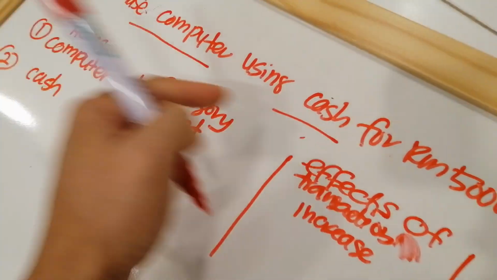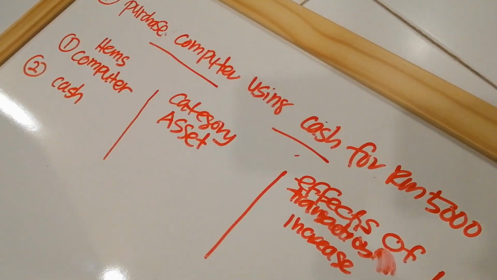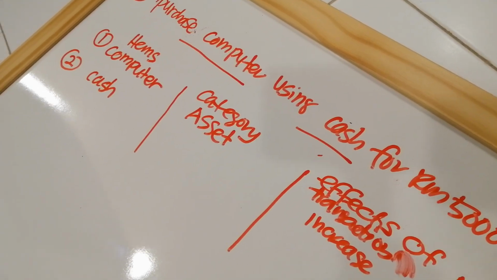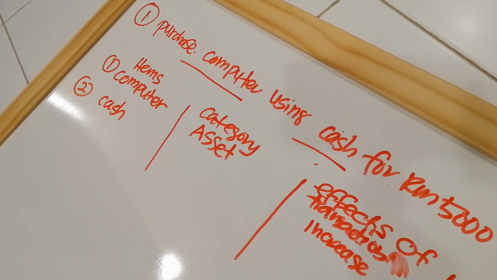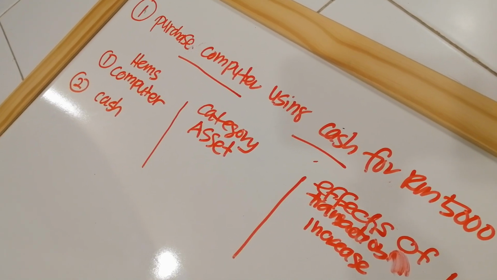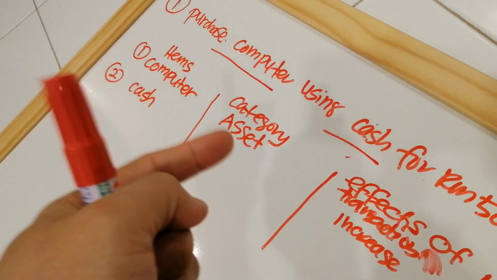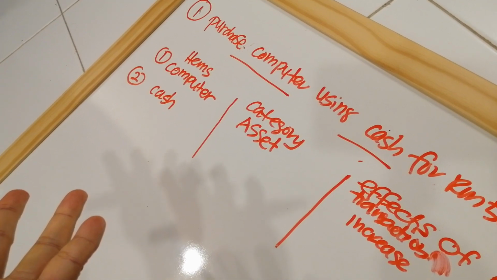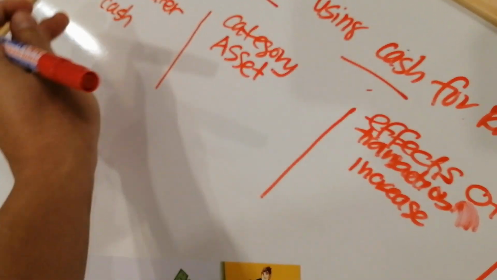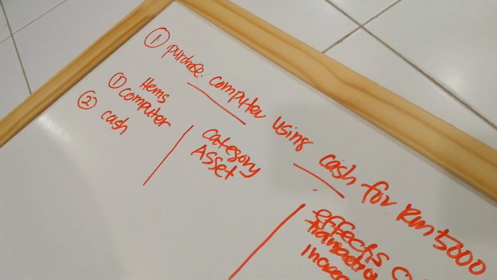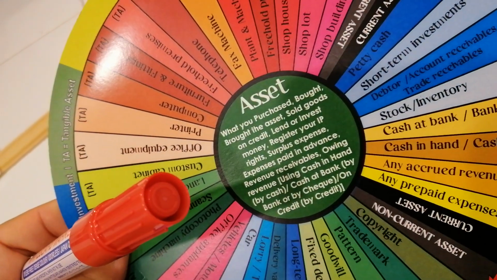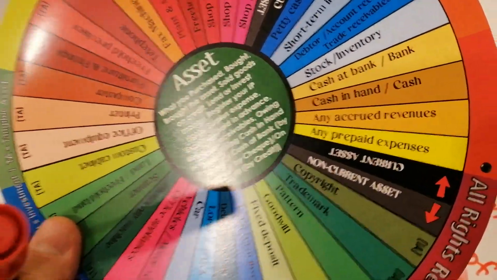How you know cash ni adalah item? That's why I told you many times. Check the wheel. Try to spend your time during this MCO. Tengok wheel tu dan tahu dia punya kategori. Bila tengok item, tengok wheel, you know the category already. Okay? Cash, if you check from the wheel, wheel yang ada cash adalah wheel asset. Wheel lain tak ada cash. Betul.